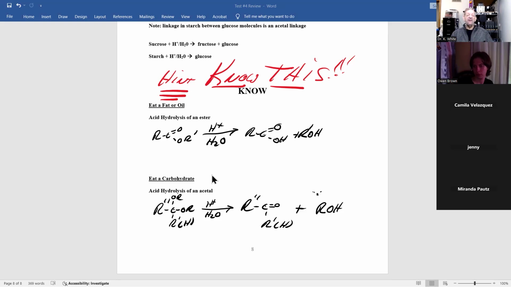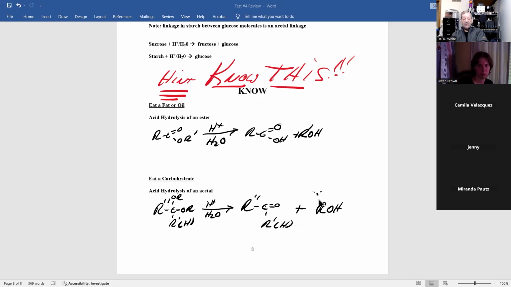And one of the miracles of life in my mind is that you have cells that make hydrochloric acid, H plus. Carbohydrates are really polymers of an acetal. And here I have an acetal or ketal. You learned this for test 2: acid and water, you get back the aldehyde or ketone you would have used to make that acetal, plus the alcohol.